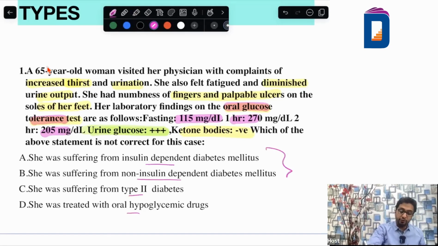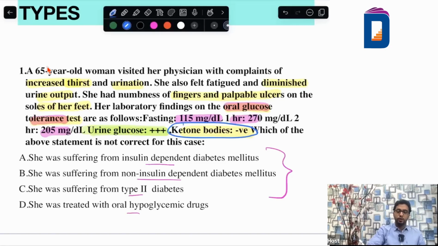So basically, all these three options are telling you, this is how you have to analyze the question. They're asking the difference between type 1 and type 2. The major differentiating factor in the questions you're going to get is your ketone bodies.